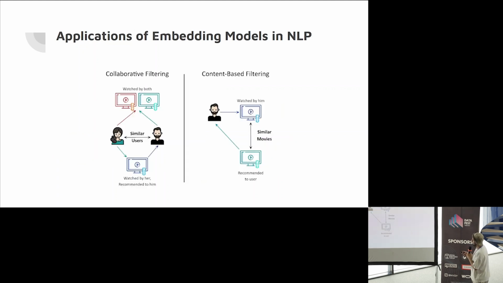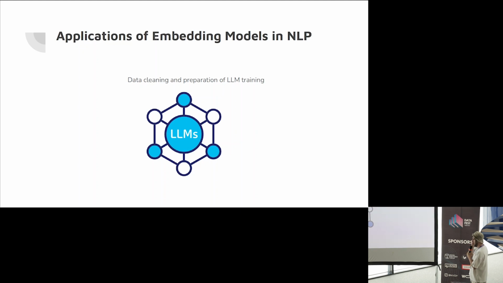You can also have recommender systems, and I think the best and most important one is that you can use embedding models to prepare data for large language model training.